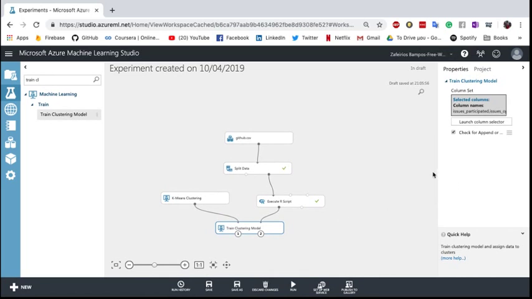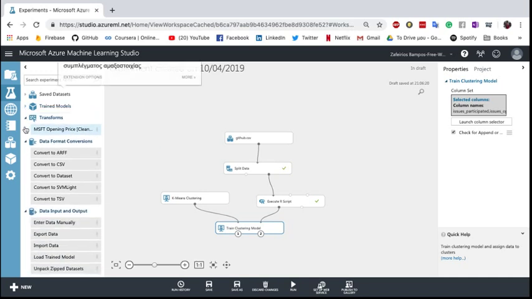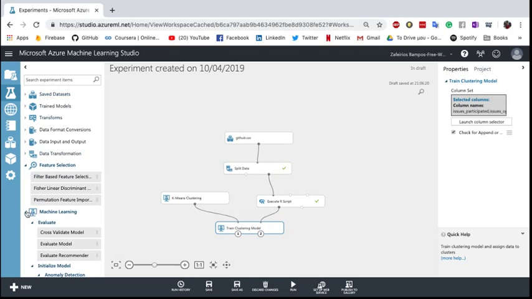Okay, perfect. Next step is assign. I'm searching here in order to be very quick for you, but you can find everything in categories here in the project manager panel.